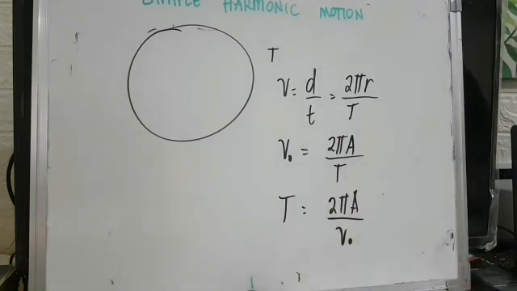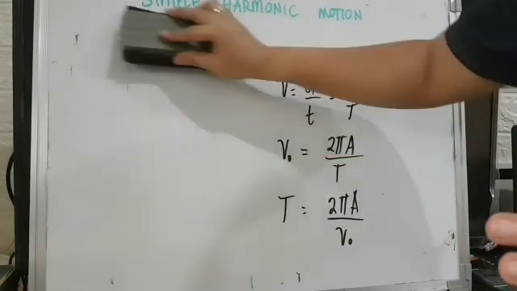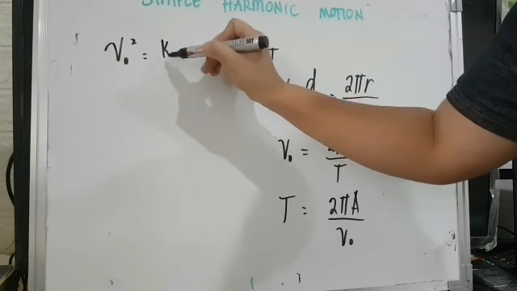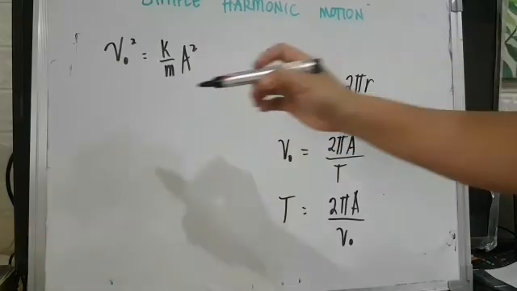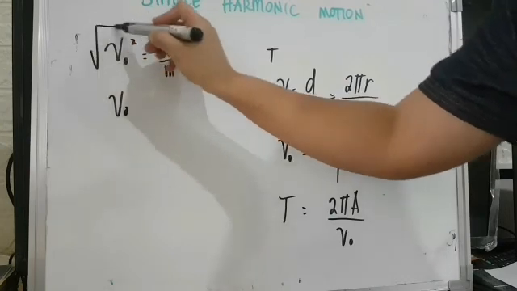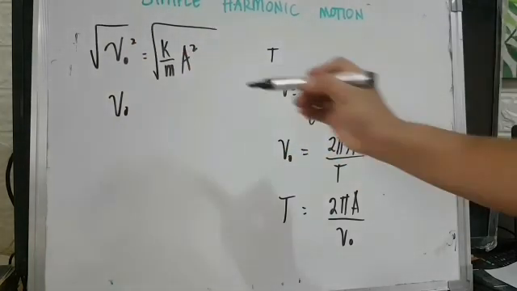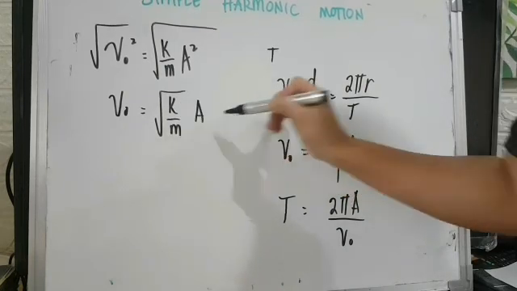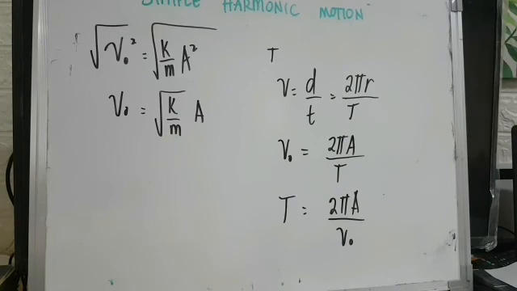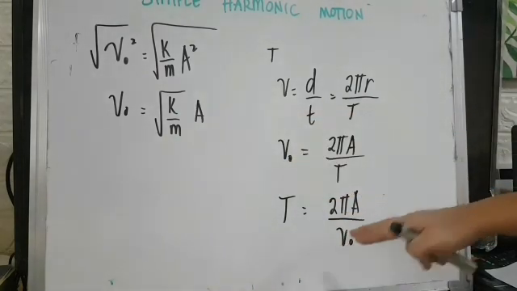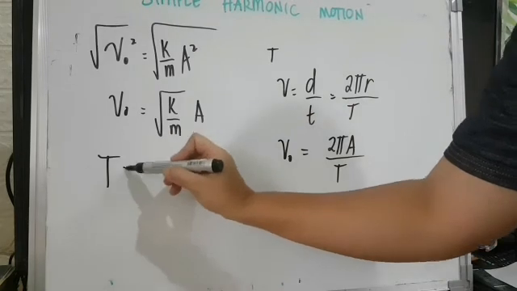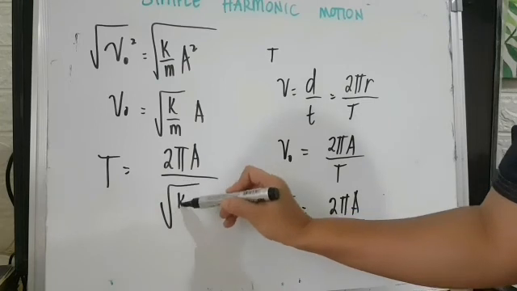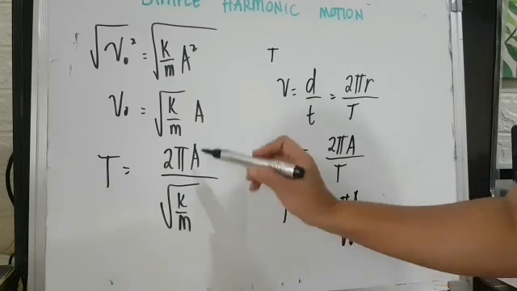So that's a relationship. Recall also in the derivation that we had v naught squared equals k over m a squared. We will derive an equation for v naught, so square root both sides. We now have square root of k over m, times a. Now I will substitute this v naught to this. So you now have period equals 2 pi a over square root of k over m, then a.